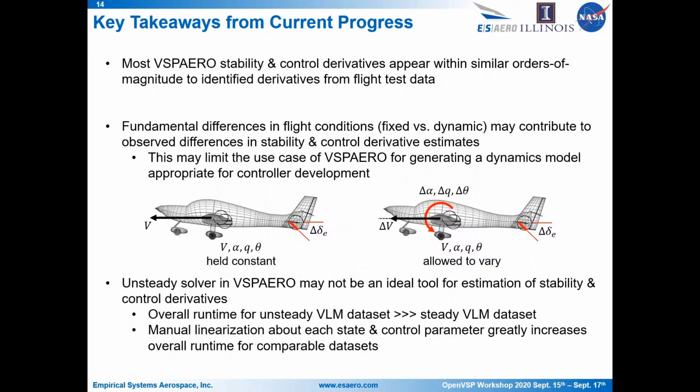So a summary of our key takeaways of our current progress is that most of the VSPAERO stability and control derivatives that we've seen do appear within similar orders of magnitude of identified derivatives, even if they're not exact matches.